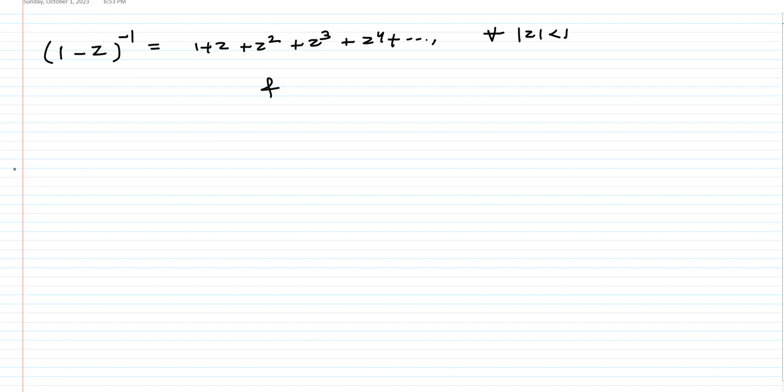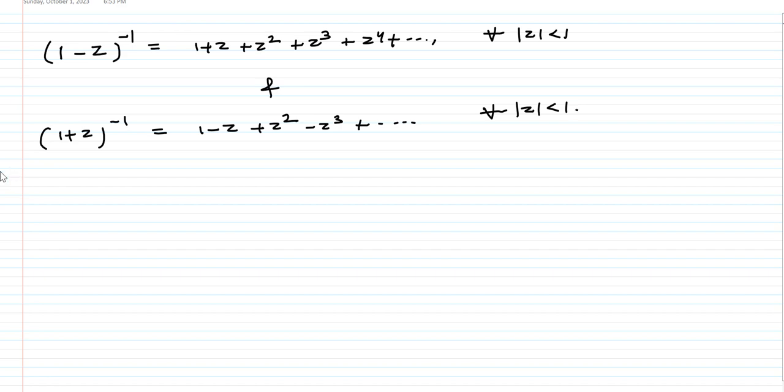And the second standard series, as we know, (1 + z)^(-1) is equal to 1 - z + z^2 - z^3 + ..., which is also convergent for all |z| < 1.